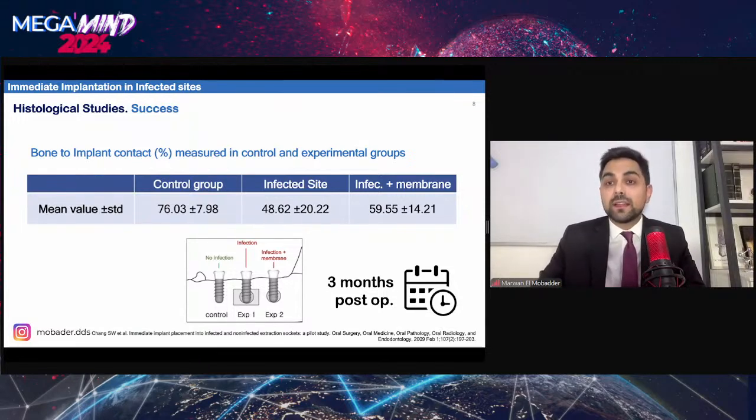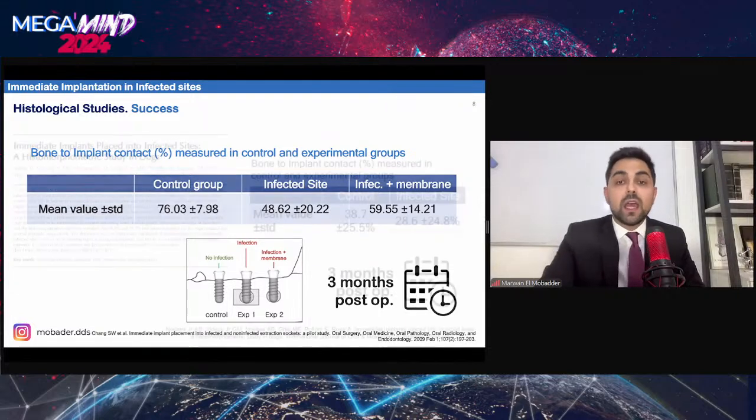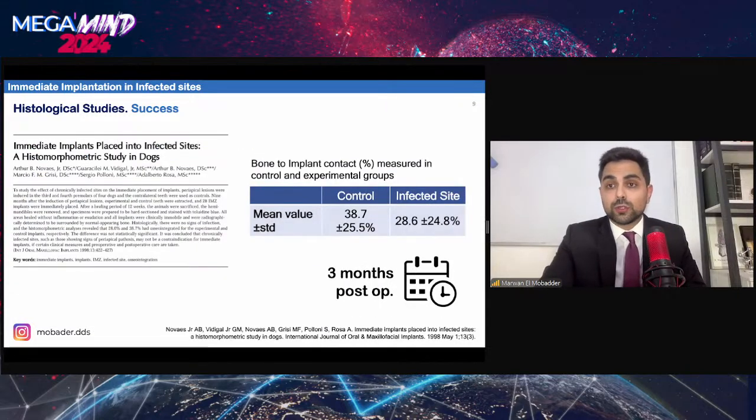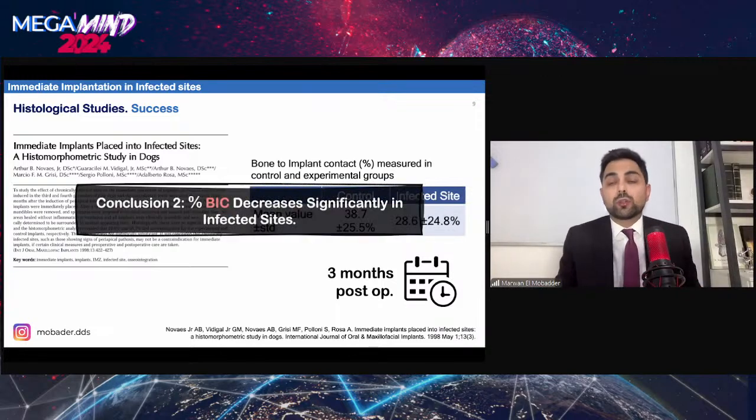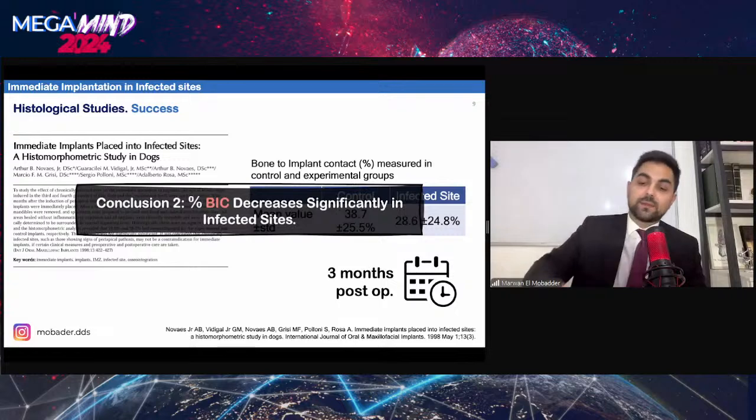And these findings were also confirmed by other studies, such as a study by Novaes et al. So the second conclusion of my short lecture today is that the percentage of BIC will decrease statistically significantly in infected sites.